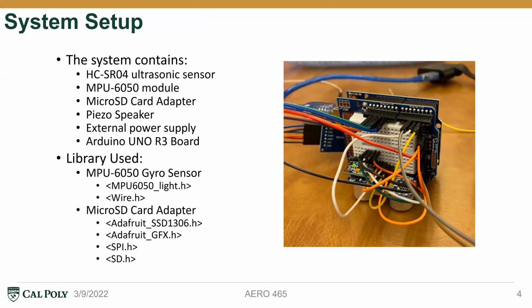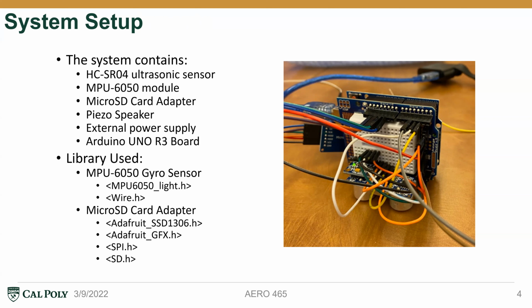Now coming up to our system as a whole, as you can see, our system contains an ultrasonic sensor, a gyroscope, which is the MPU 6050 module, a micro SD card adapter with a micro SD card integrated into it, the piezo speaker, which in our case is a buzzer, the Arduino Uno board itself, and it will be attached to an external power supply in order to accommodate having a black box in an RC flight aircraft.